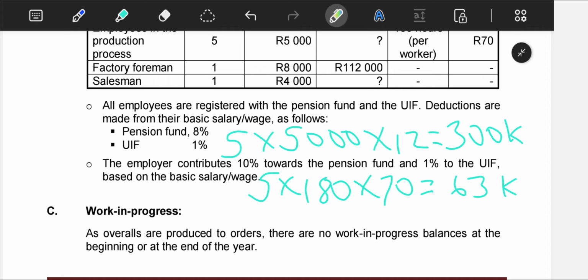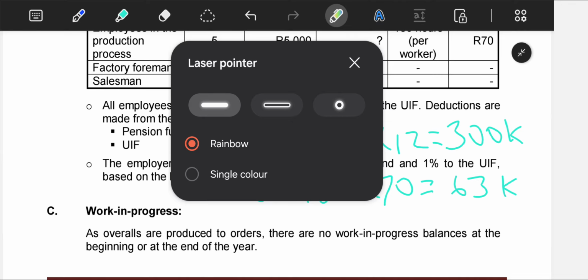Now, the second bullet, the employer contributes, now we are talking about us now, 10% towards the pension fund and 1% to the UIF, right? Based on basic salary. This is very much important.